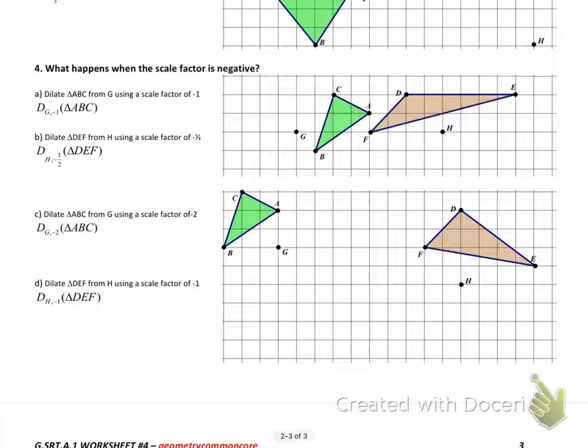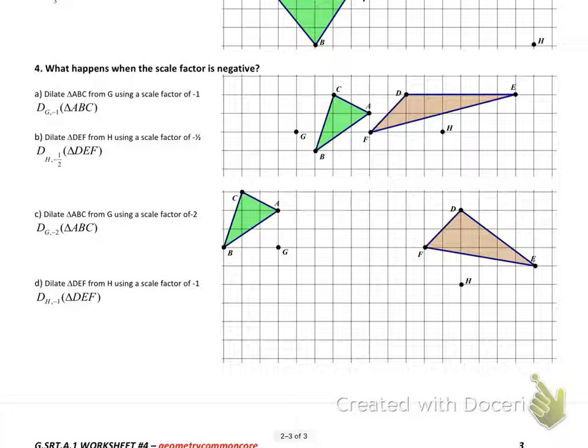I wanted to skip to the very bottom right where our scale factor turns negative. And this actually does not affect things too much, but obviously we'll need to go through these. I'm going to do 2 of them, and then you guys will have the remainder of the class period to get the other dilations on this page finished.